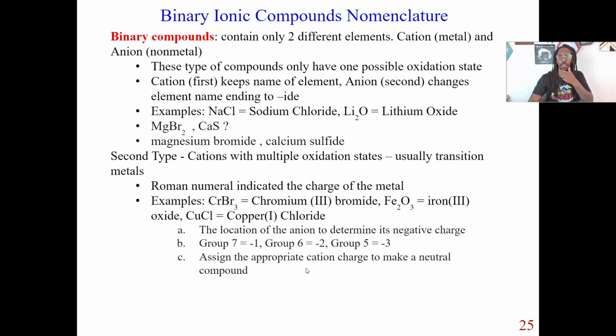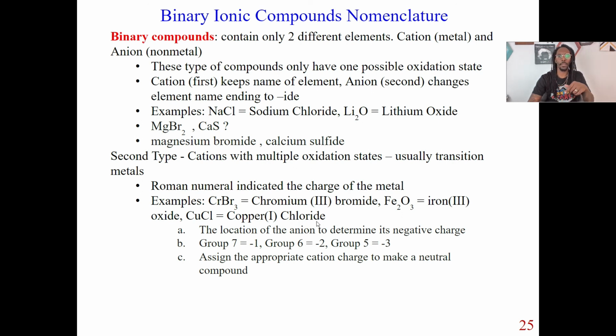So for example, if we look at this one here, CuCl, Cu is copper, a transition metal. So it's going to be first copper. Chlorine is our anion, so we're going to change that to chloride, the -ide right here.